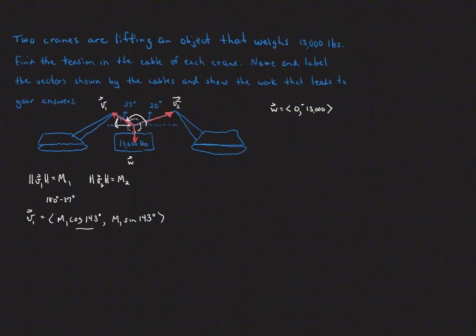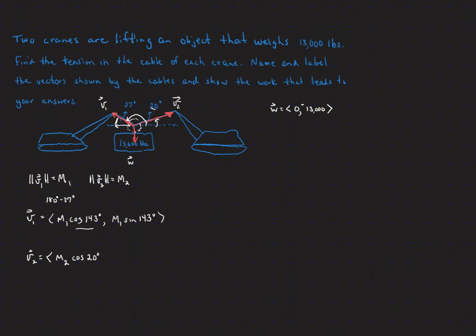So that's going to be our component form of vector V1 for right now. We're going to have to figure out what the M1 is. Now vector V2 is going to be its magnitude, which I'm going to call M2, times the cosine of its angle, but that angle is exactly the 20 degrees that we see.